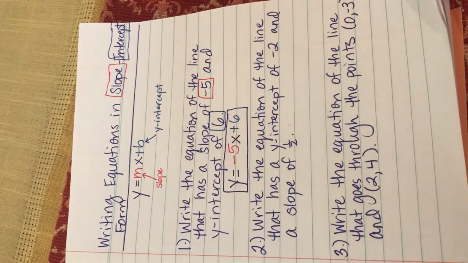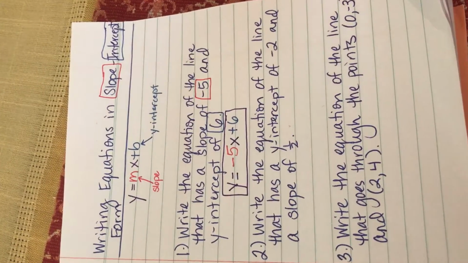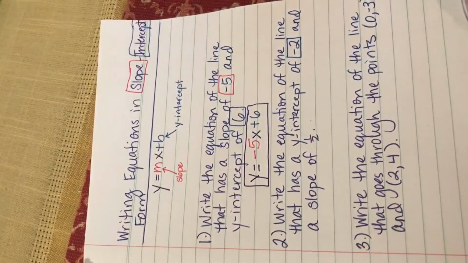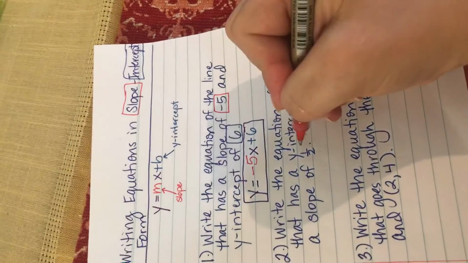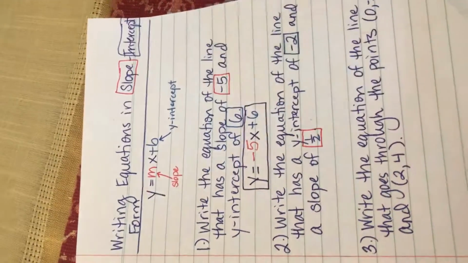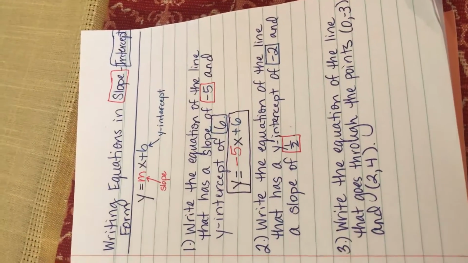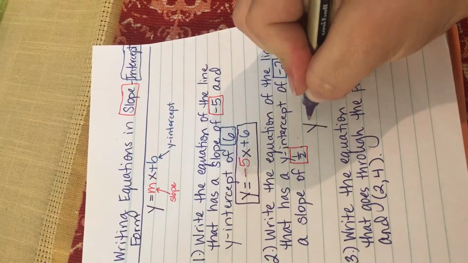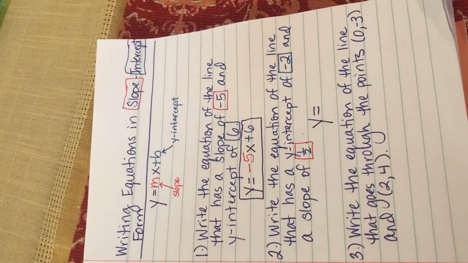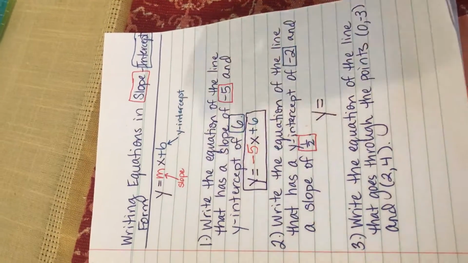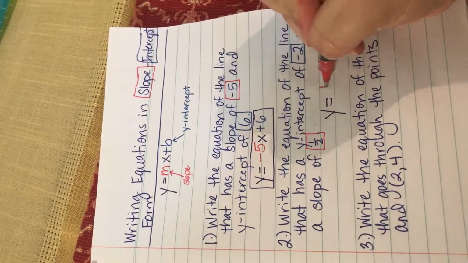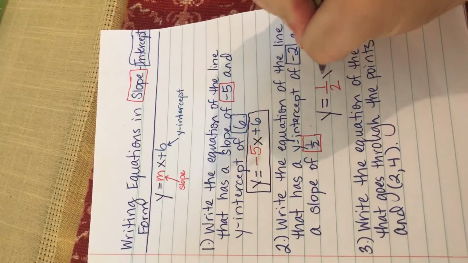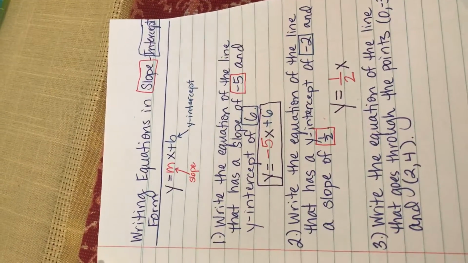It's very similar. It says write the equation of the line that has a y-intercept of -2. So this one is my y-intercept and a slope of 1/2. So they gave me the slope of 1/2. So again, every slope-intercept form equation will have y equals, and then the slope, in this case it's 1/2, and then the x, and then the y-intercept.